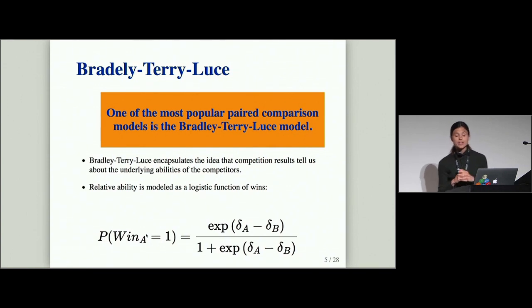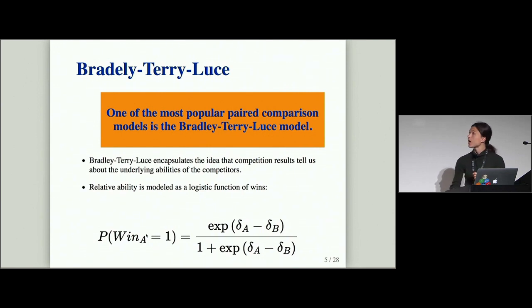This model encapsulates the idea that competition outcomes do give us important information about the underlying abilities of competitors. So if we have a model that relates those abilities to those outcomes, we can try to actually estimate those latent ability measures. The equation that you see here is the basic approach for doing this in the Bradley-Terry framework.